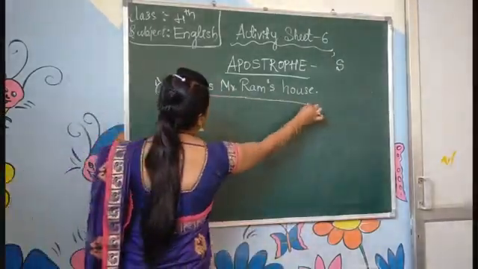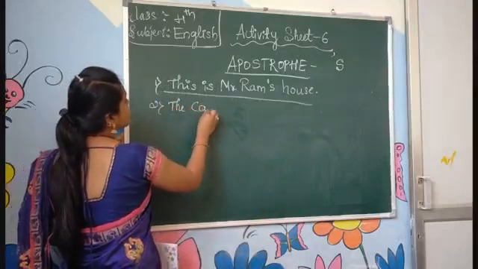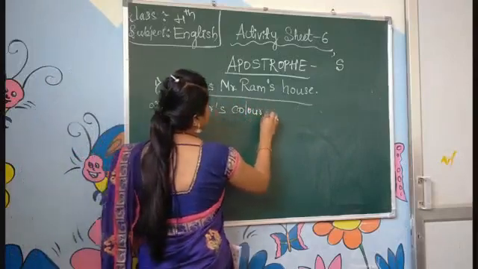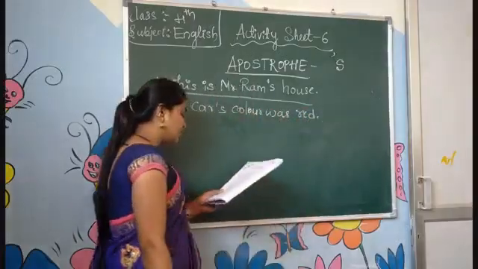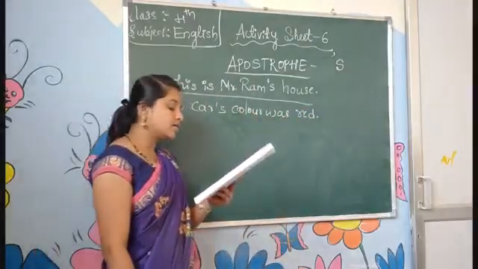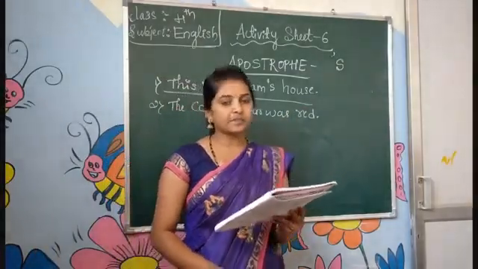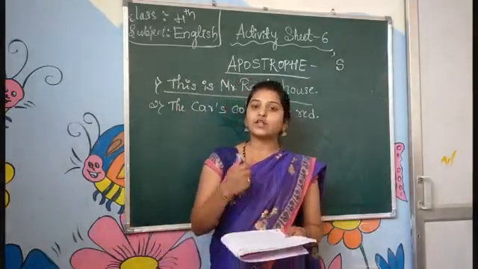Here I am writing the answer. The car's color was red. Okay. Next, the coat that the beggar wore was torn. ಇಲ್ಲಿ ಒಬ್ಬ ಭಿಕ್ಷುಕ ಏನು ಕೋಟ್ ಹಾಕೊಂಡಿದ್ದಾನೆ ಅದು ಹರಿದು ಹೋಗಿದೆ ಅಂತ ಹೇಳ್ತಿದ್ದಾರೆ.